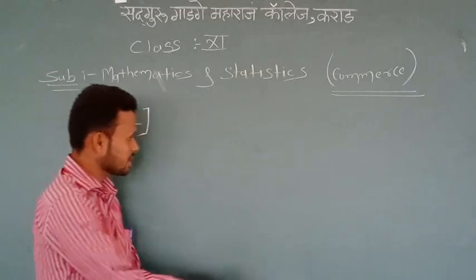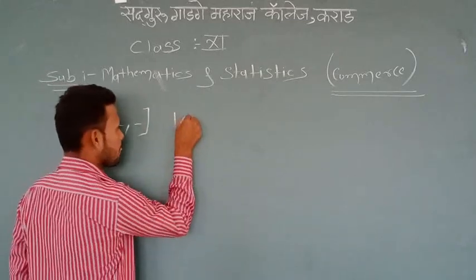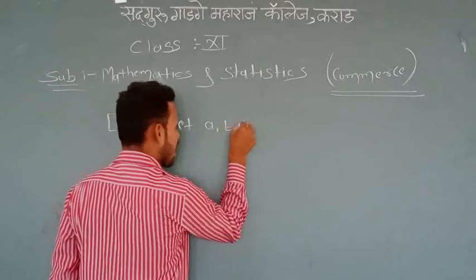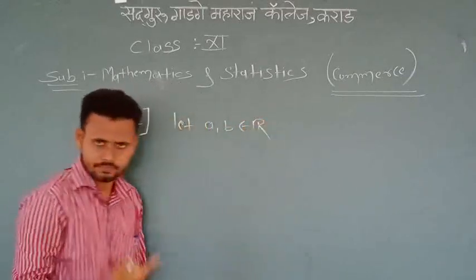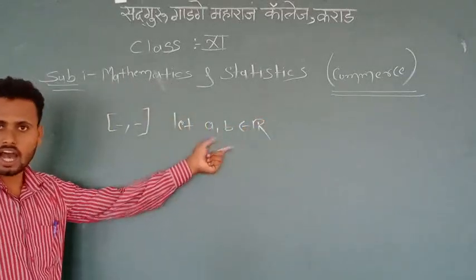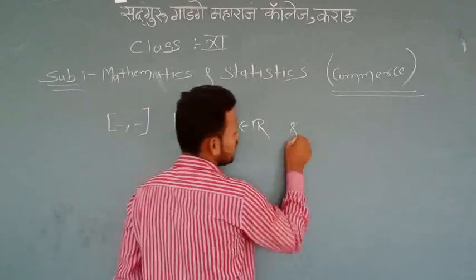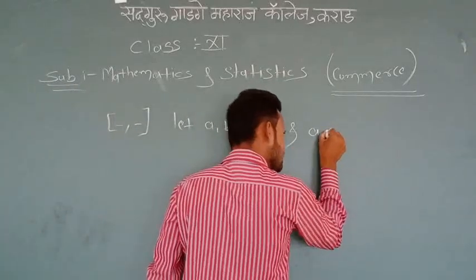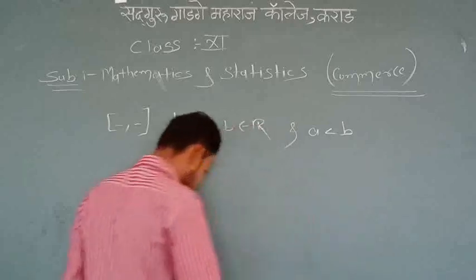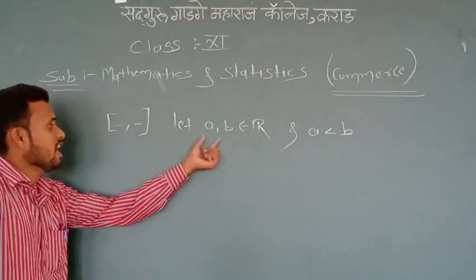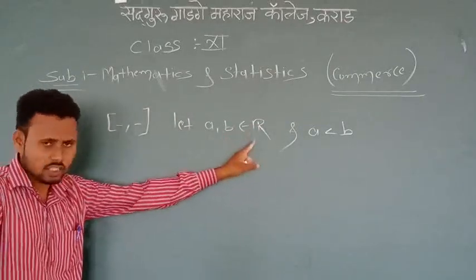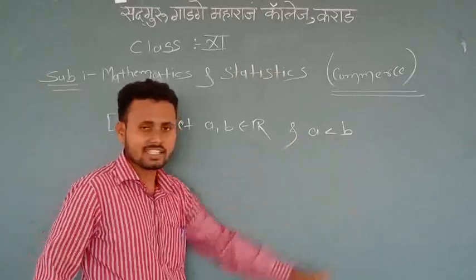Now look at the definition. Similarly, let a, b be any two real numbers and a strictly less than b.